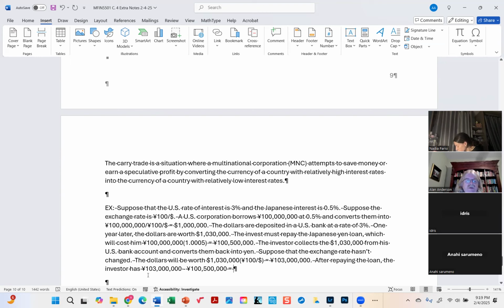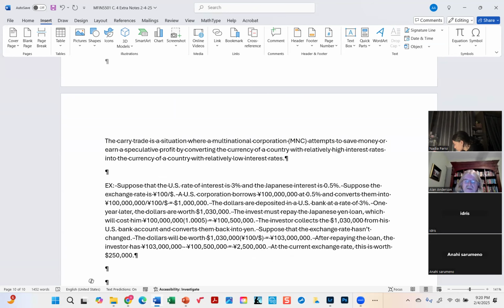That leaves us with 2.5 million yen, which is worth, at the current exchange rate, $25,000.